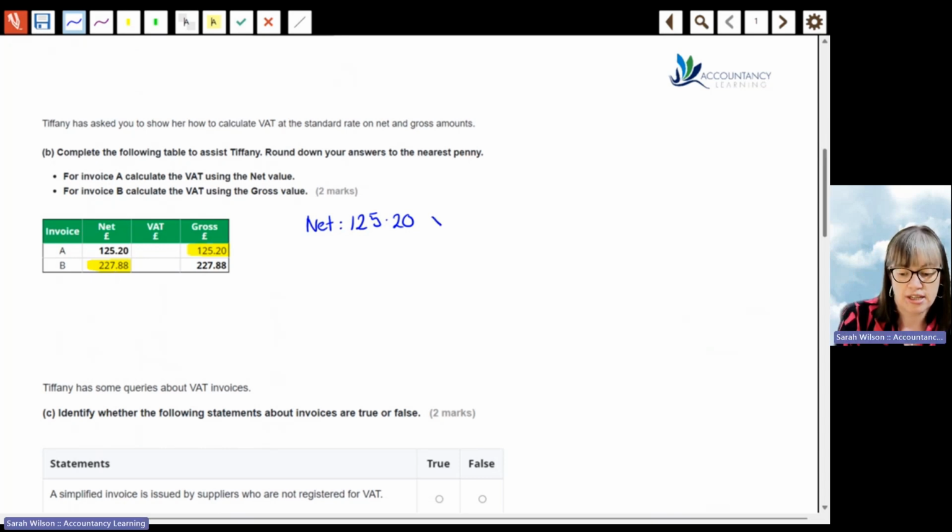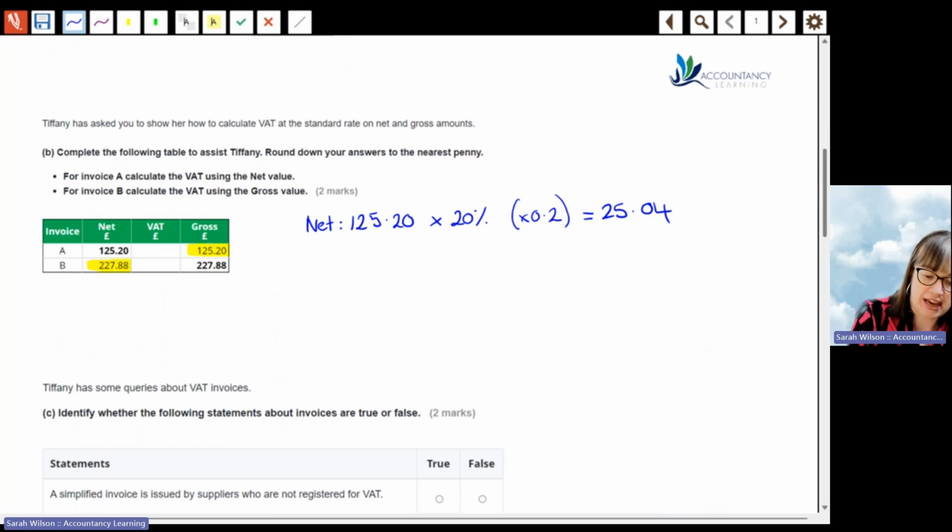On your calculator, you can either multiply it by 20%, or if you prefer, you can multiply it by 0.2. That's the same. That would then give you £25.04, which would be the VAT figure.